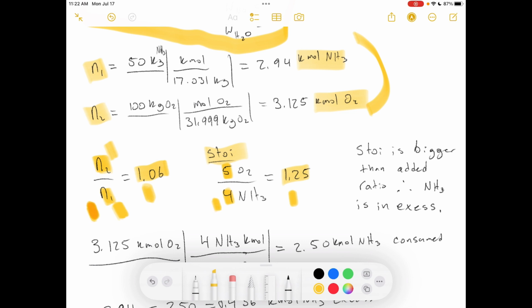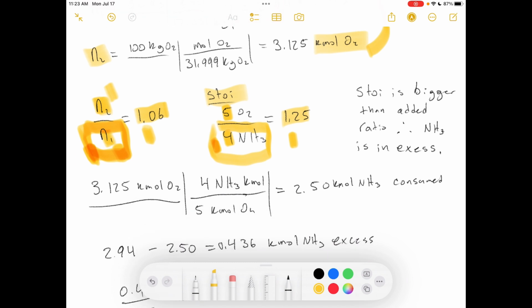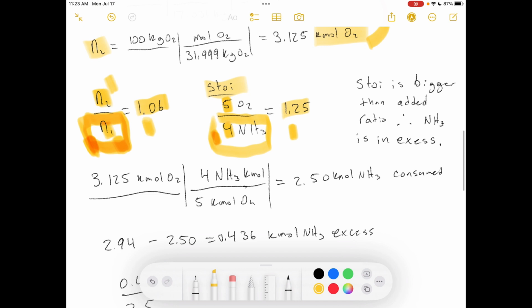So if N1 is bigger in this ratio than it is in this ratio, then our N1 is stoichiometrically larger than this N1, which means this N1 is in excess. I pause to help you think through. It also helps me think through. Okay, stoichiometric ratio is larger than added ratio, therefore ammonia is in excess.